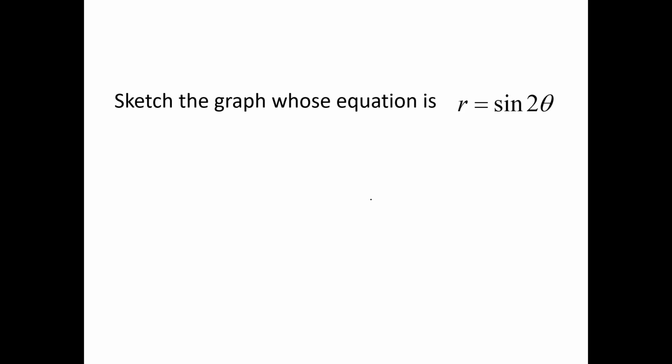Sketch the graph whose equation is r equals sine 2 theta. Okay, so again, where you should begin with a problem like this is first graphing the rectangular curve, right?